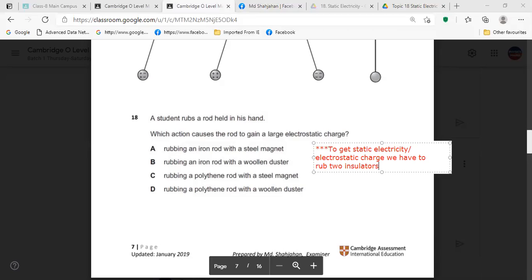To get static electricity or electrostatic charge, we have to rub two insulators.